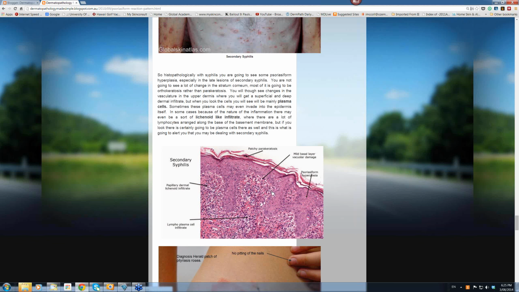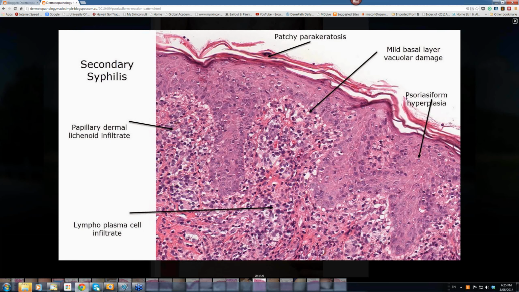And you know, they can be applied quite tightly to the dermoepidermal junction here. There may even be some slight lichenoid changes here, vacuolar damage. But there's a lot of plasma cells here. Look at these big plasma cells, lots of them. And it's this that makes you consider syphilis.